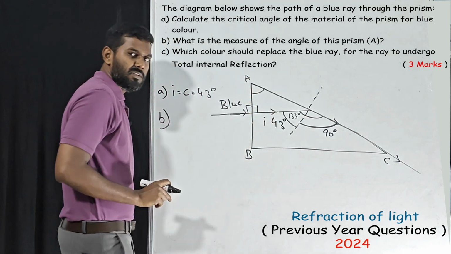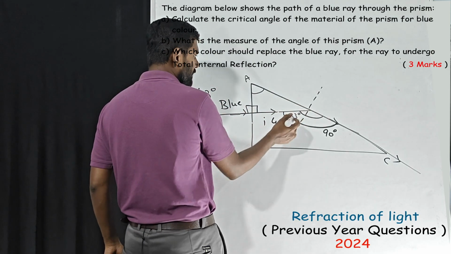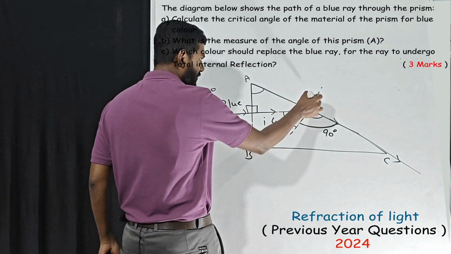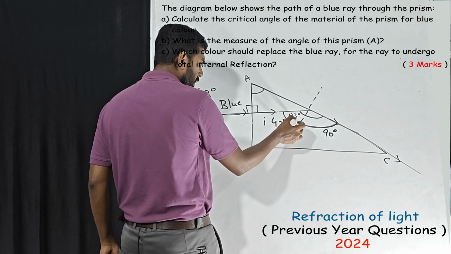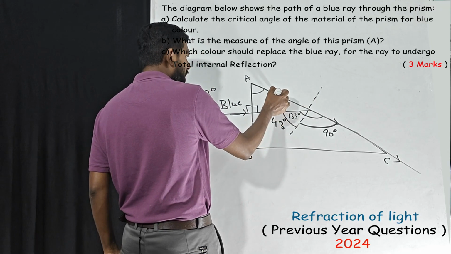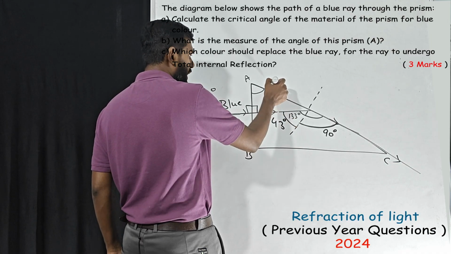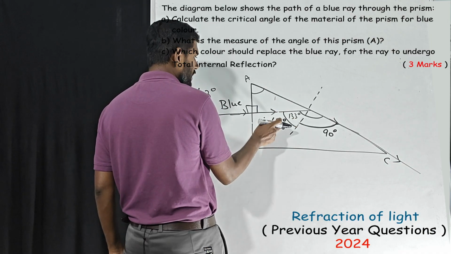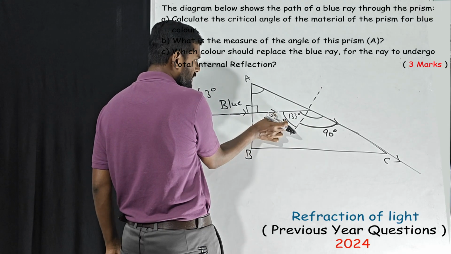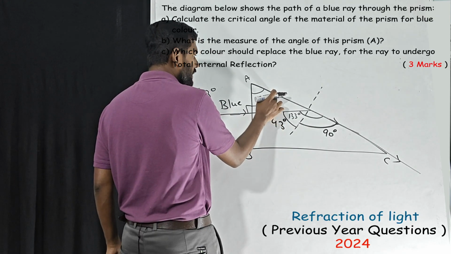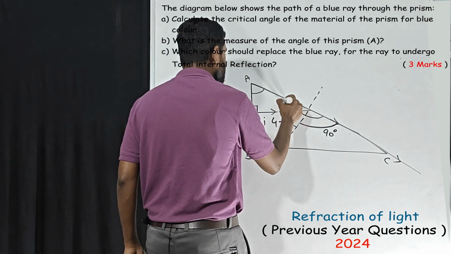From the normal, till this it is 90 degrees, correct? So if the total angle from the surface till the normal is 90, out of that this angle is 43. 90 minus 43 will be 47.